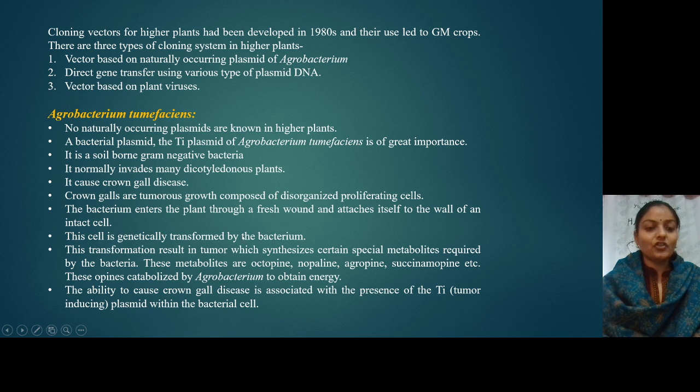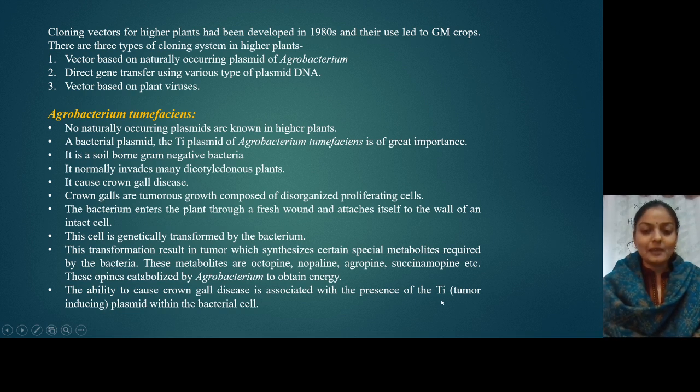There it genetically transforms the plant cell, and this transformed plant cell now synthesizes special metabolites known as opines: octopine, nopaline, agropine, and succinopine. The Agrobacterium catabolizes these opines to obtain energy.